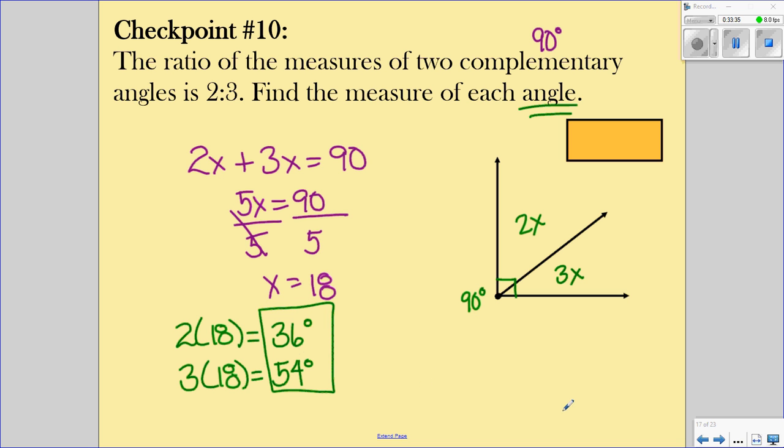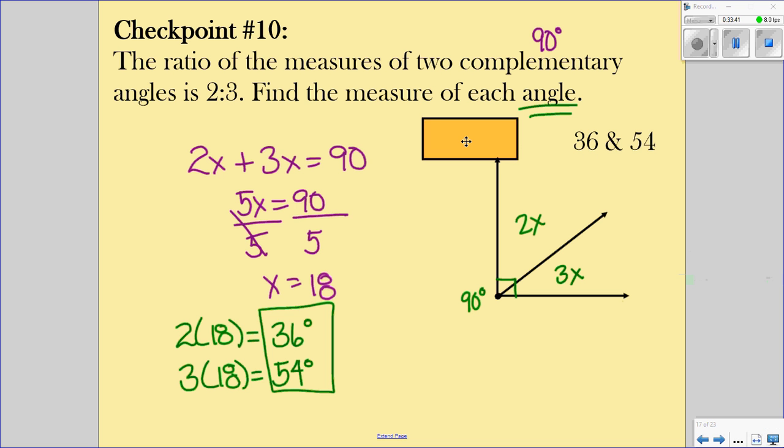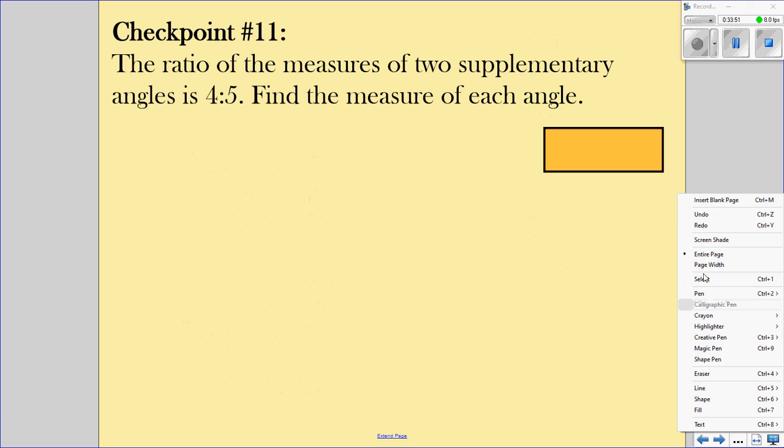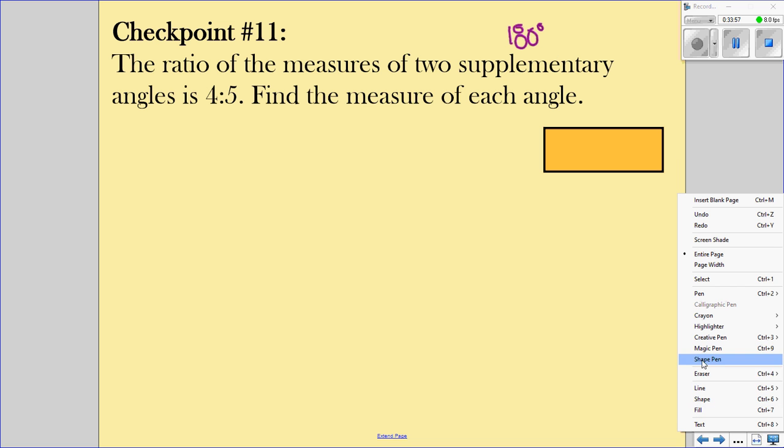And those are your 2 angles that add up to give you the 90. So remember, complementary is 90, supplementary is 180. That means the 2 supplementary angles will add up to 180.